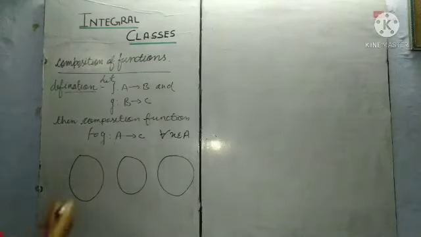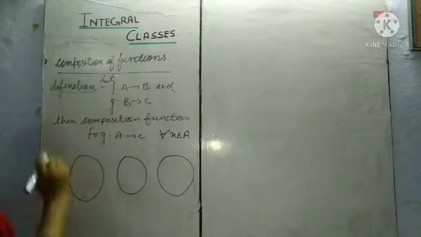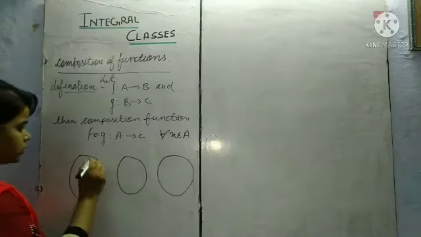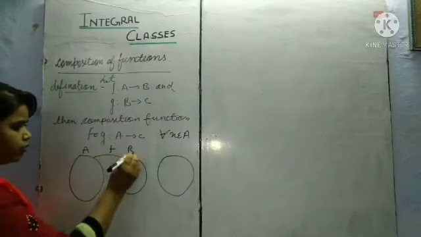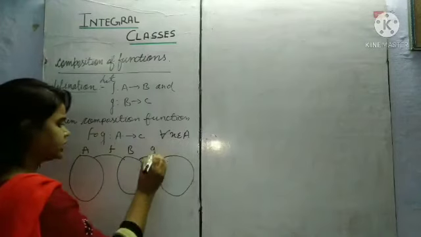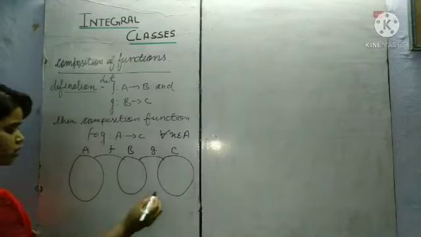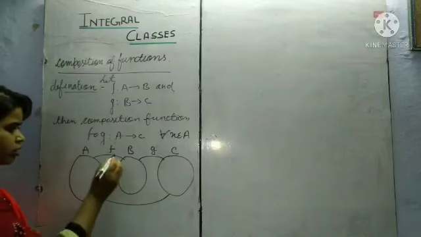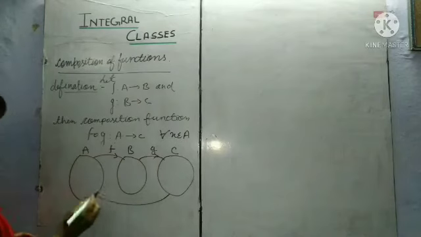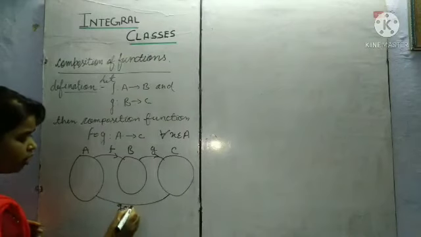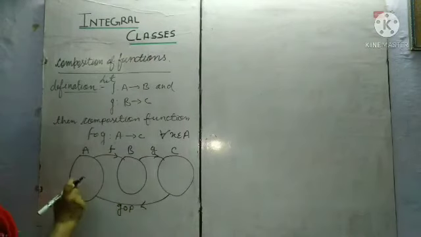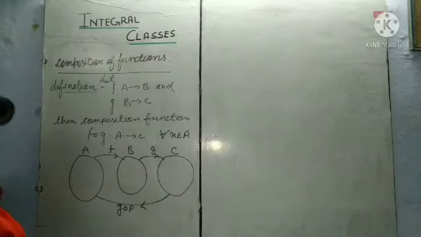Now students, I will explain composition function by Venn diagram. Suppose a function f is defined from A to B and g from B to C. So the function gof, which is defined from A to C, is a composite function.